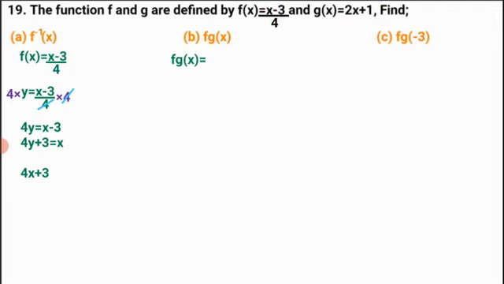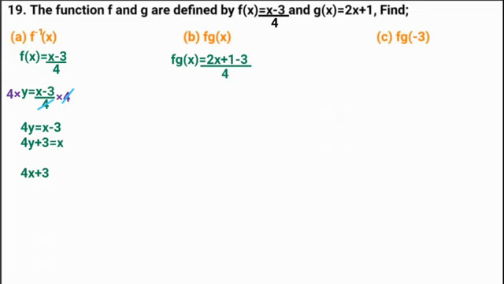So what we're going to do now is write 2x plus 1, then minus 3. The negative 3 is the same negative 3 which is in the question. Then we say over 4.